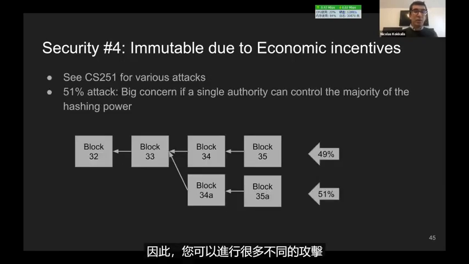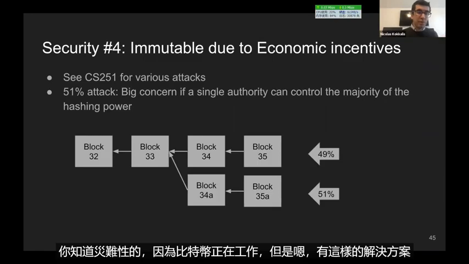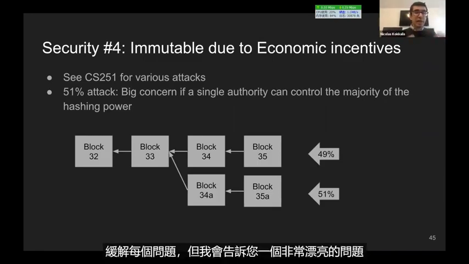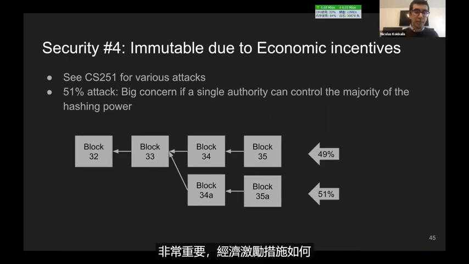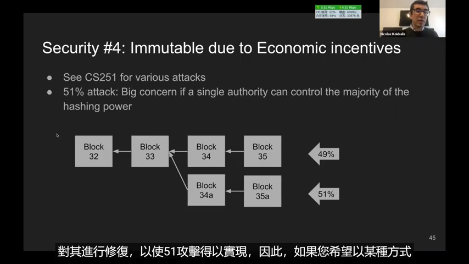So there's a lot of different attacks that you can do on Bitcoin. None of them is considered to be catastrophic, since Bitcoin is working, but there are mitigations for each one. But I will tell you about one that's pretty important, and how the economic incentives fix it. So the 51% attack.